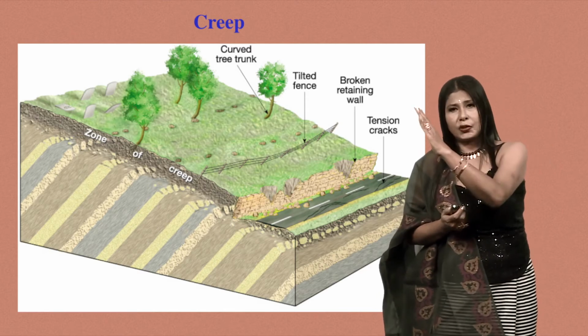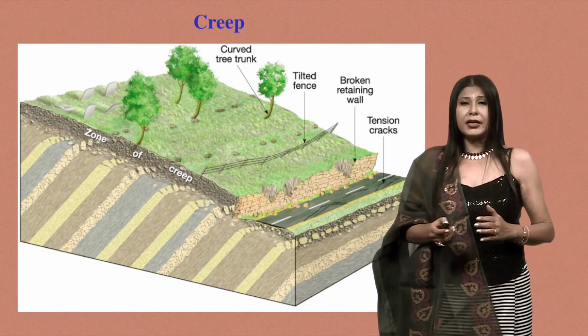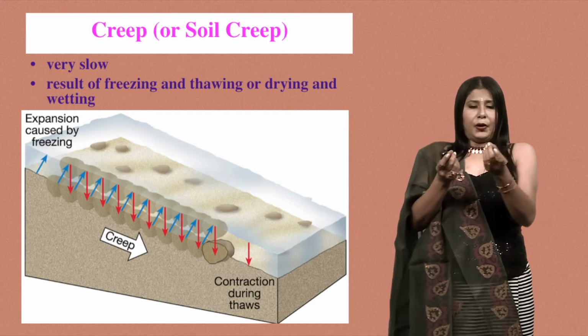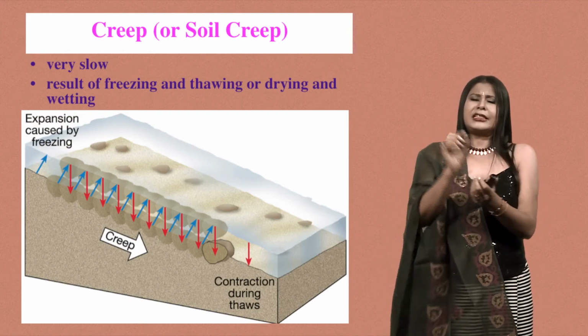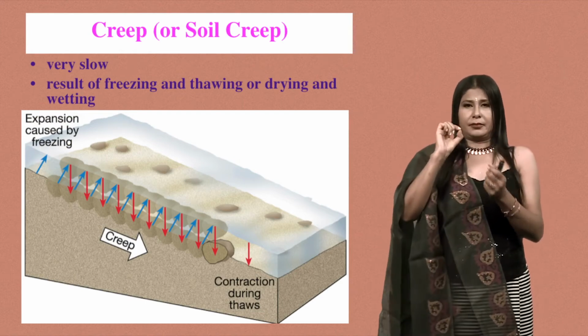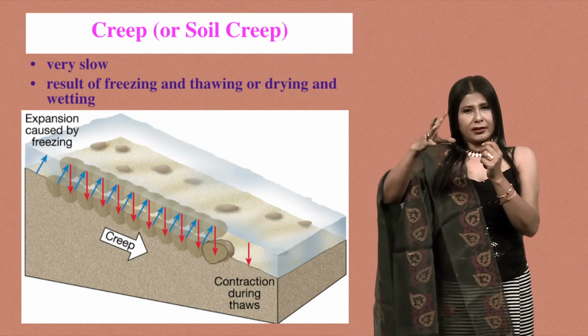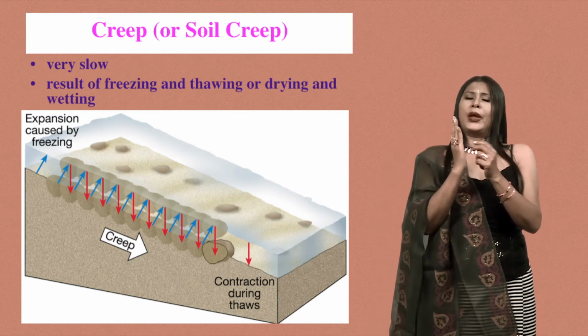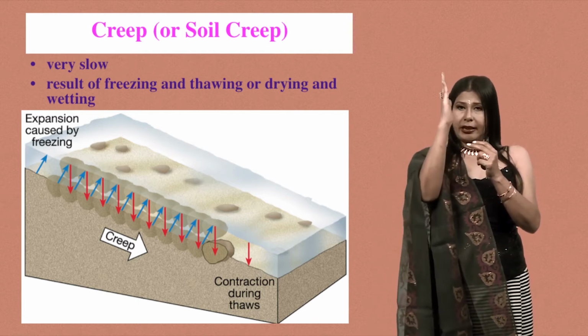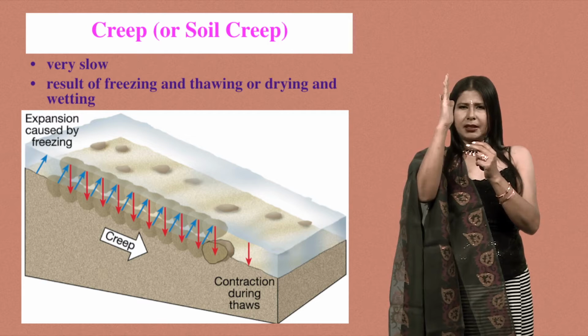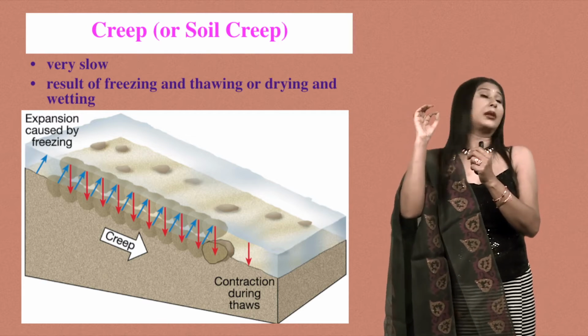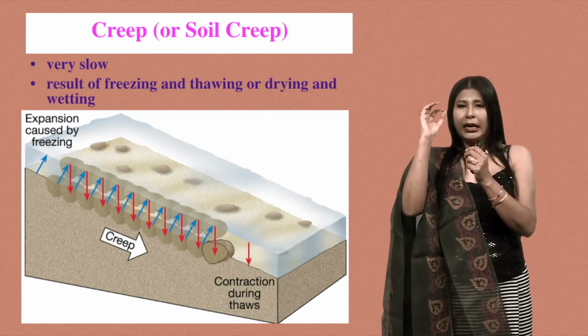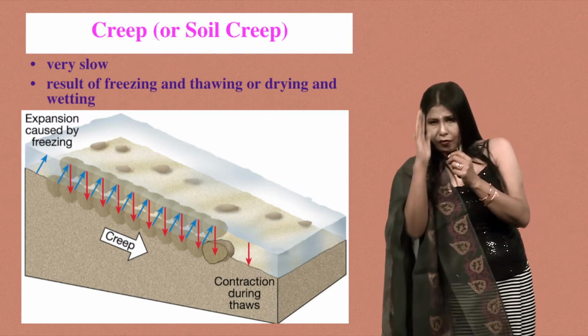is leaning down slope. Why it is happening is because a rock, let us say a small particle, during the daytime it will expand. So, when it expands, it will expand vertically, and after the sunset, when the temperature becomes cool, it will contract and it will fall down.